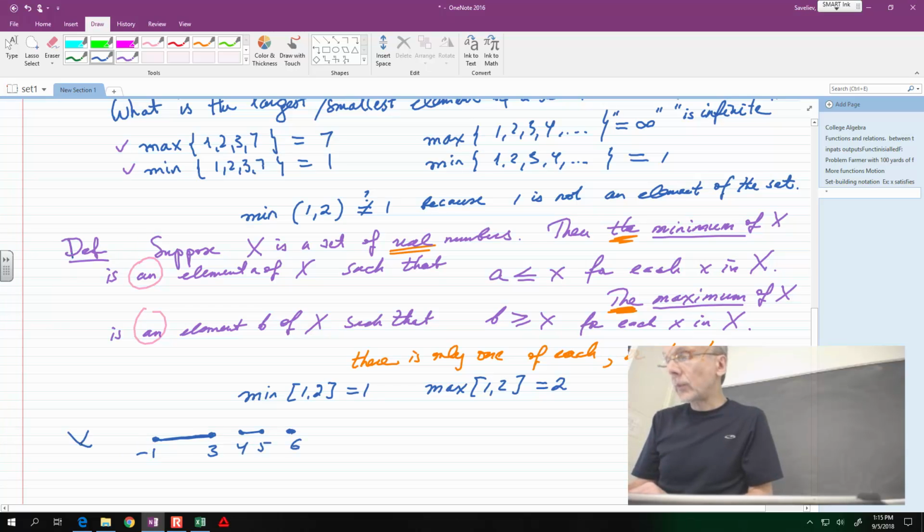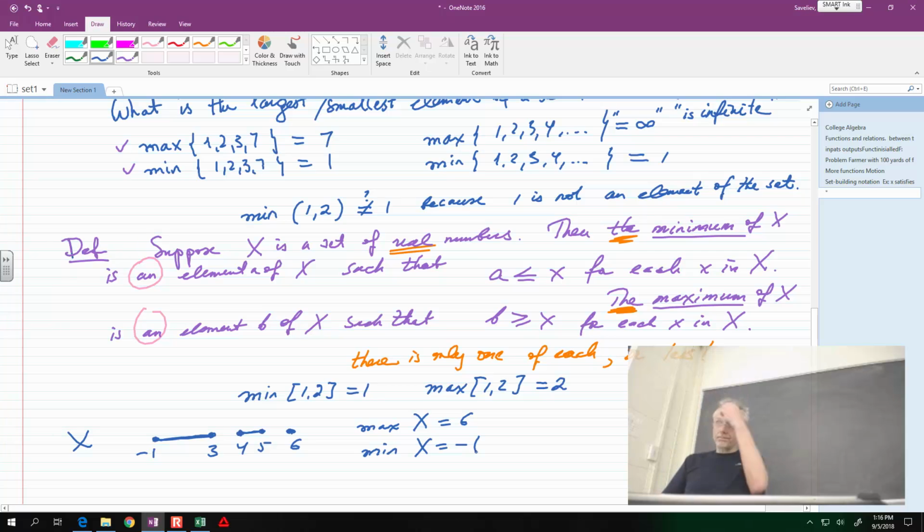That would be my set X over here. It's not an interval, it's made of several intervals and then a point. And so the maximum of X is 6, and the minimum of X is -1.